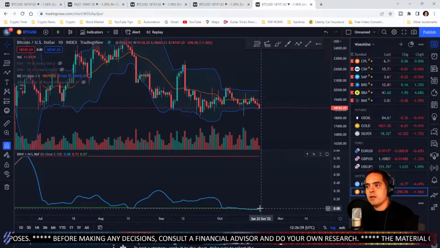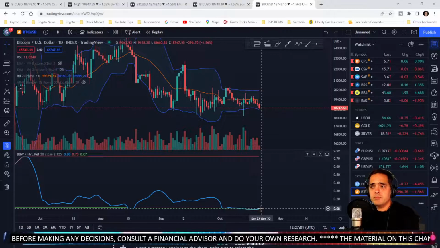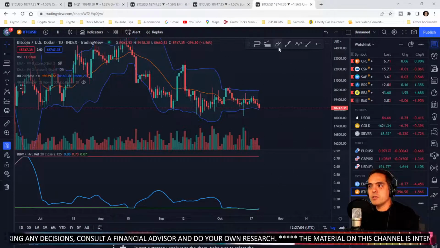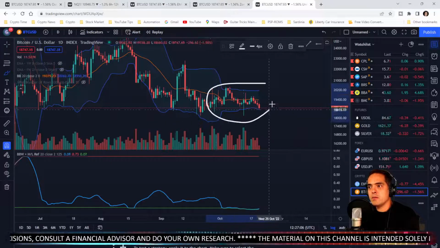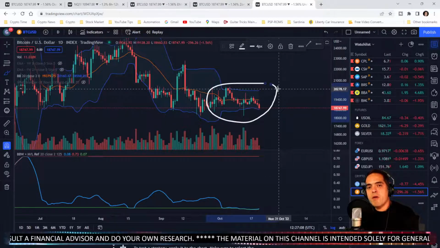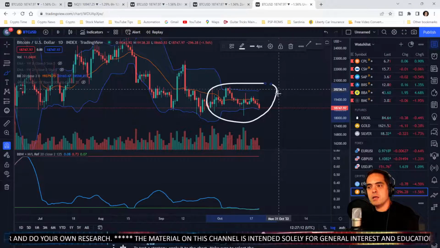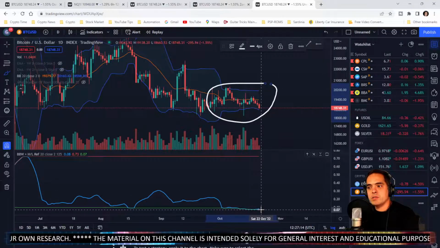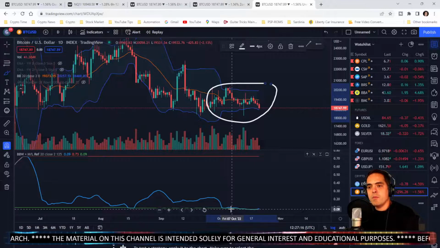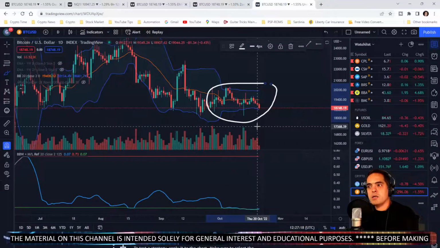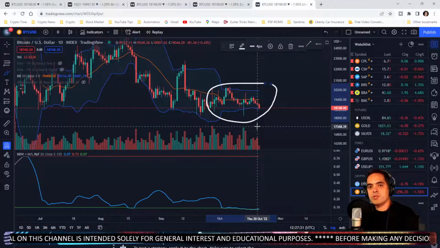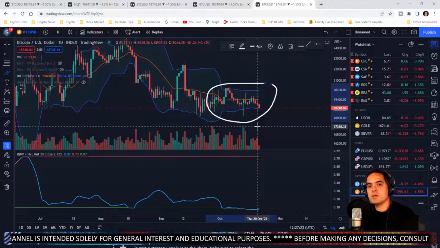So what that means at this particular region is we have very low volatility in the markets, and here we see that as well. So that being said, we can expect to see a bigger movement soon.